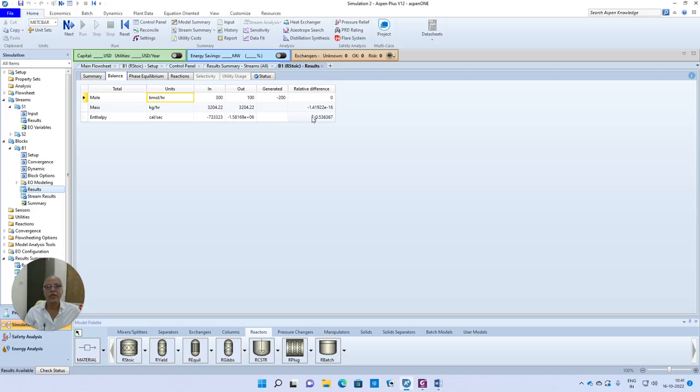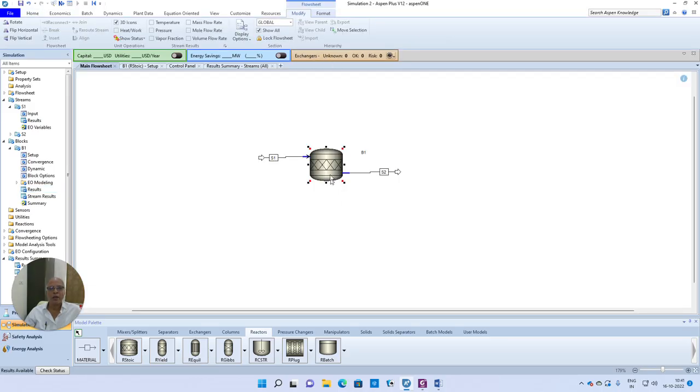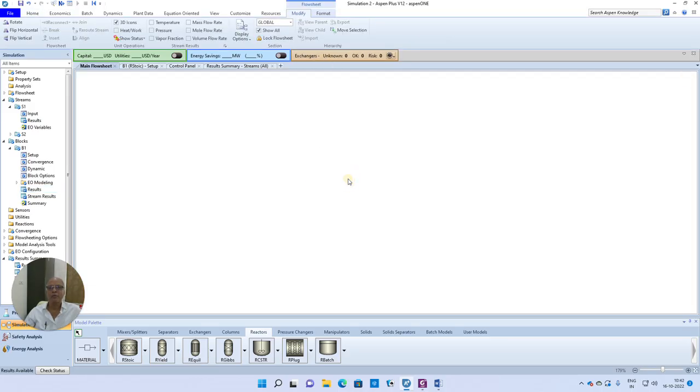Once again, you can see a significant change in the energy balance. Why is it so? We are operating the reactor at a constant temperature of 25, depending on whether the reaction is exothermic or endothermic. In order to maintain the temperature at the same level, you either need to add heat or remove heat, right? Of course, we can see that from the other details, the heat duty of this exchanger.